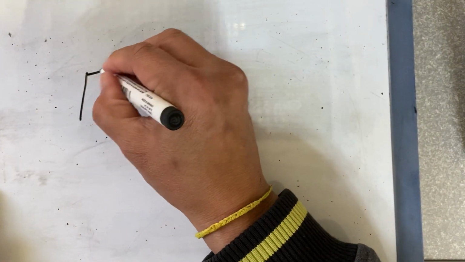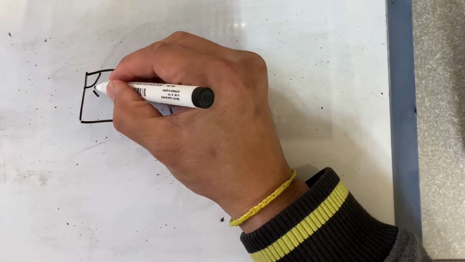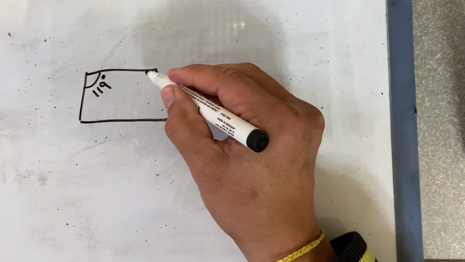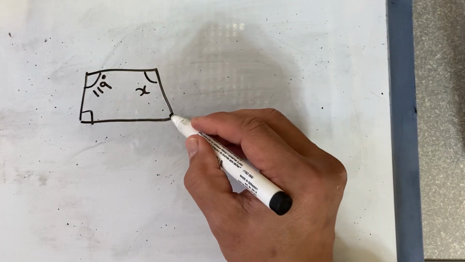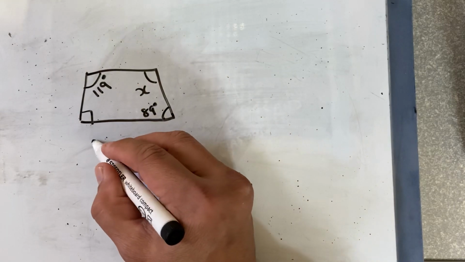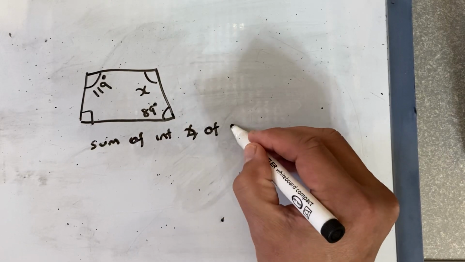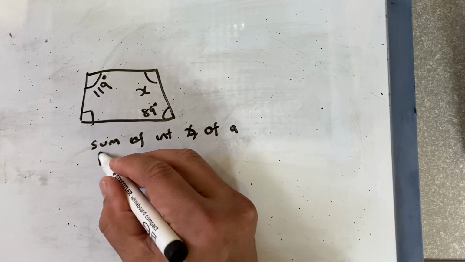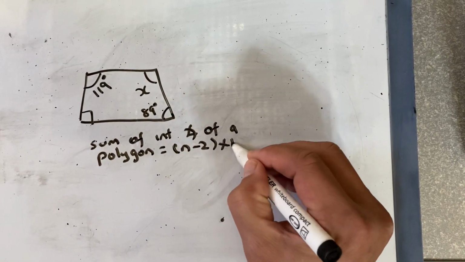So we shall look at 2 examples now. If we have, in an exam, a quadrilateral, and that angle is 119 degrees, that is 90 degrees, that is x, and that is 89 degrees. You want to find the value of x. The first thing you need to do is simple. You need to know that it's a quadrilateral, so the sum of the interior angles of a polygon is n minus 2 times 180.